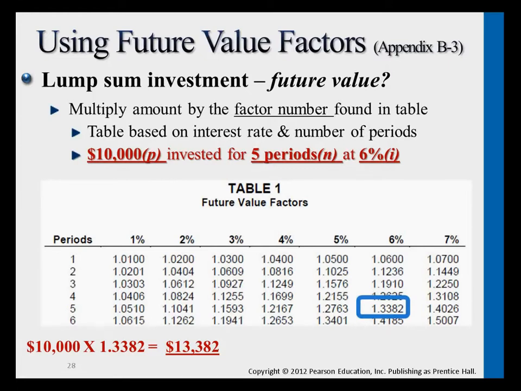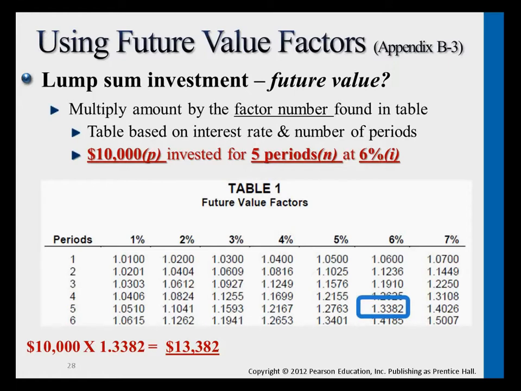You might have used that last semester. No, you haven't? All right. But the logic is something you've probably used. You take the initial investment and multiply it by the number that you find from the periods and the percent.